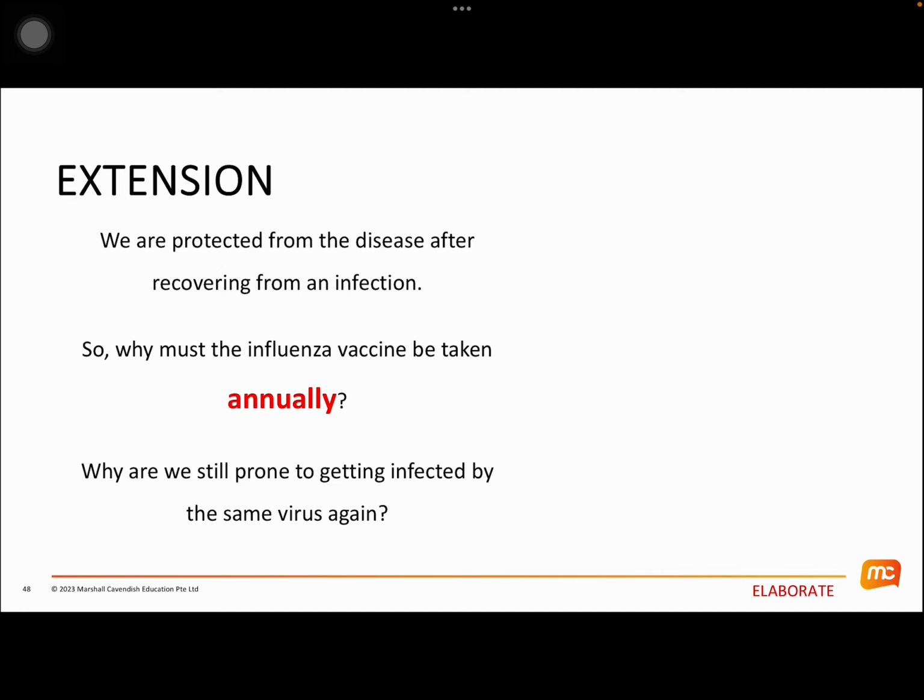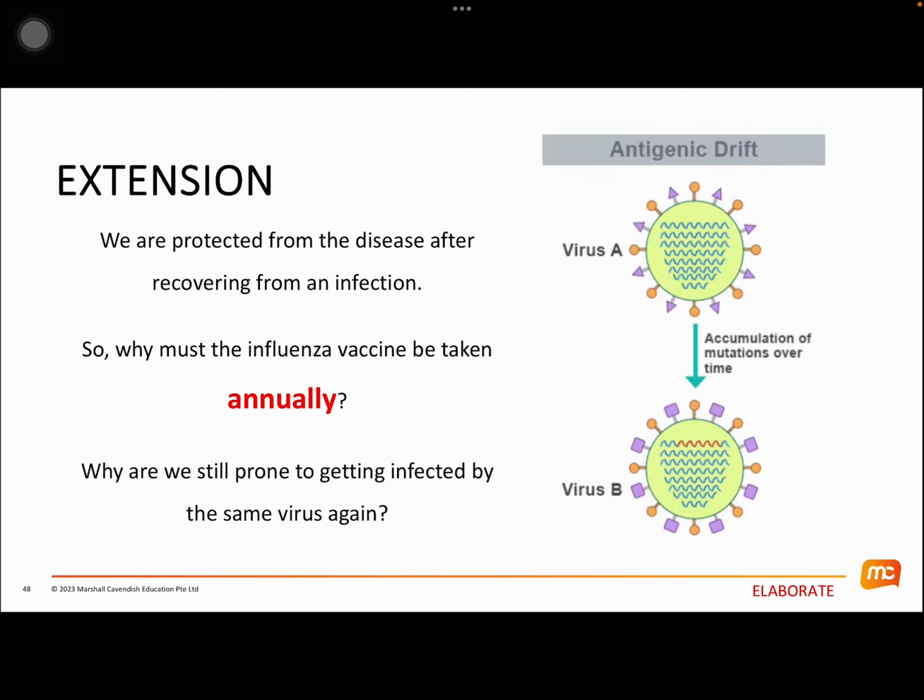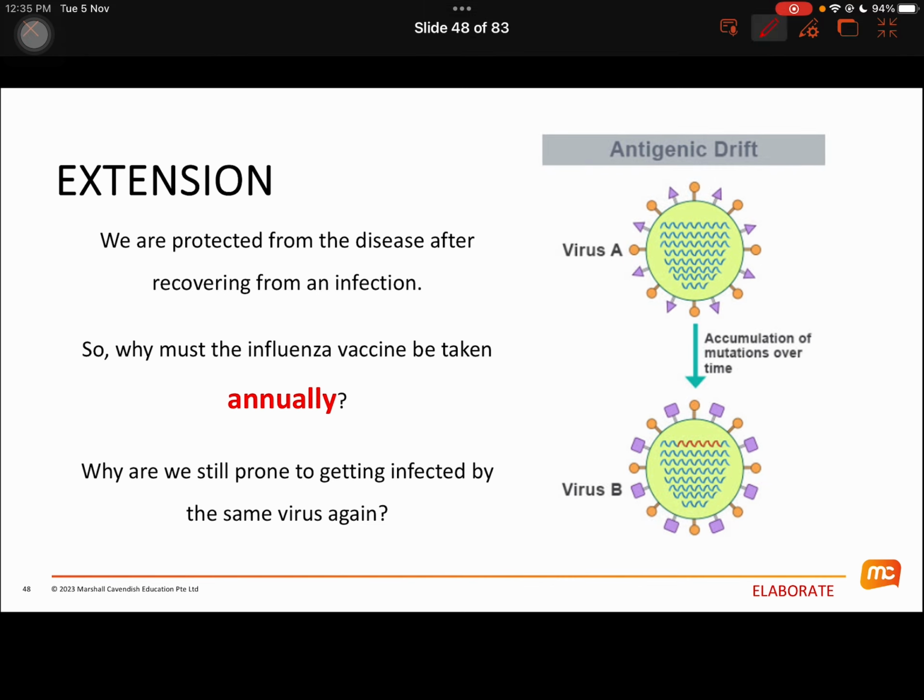Why must some vaccines be taken regularly, just like influenza? Why can't we just take it once and that's it? Our body has the memory to protect us from future influenza attacks, but like what I mentioned, this is because of genetic mutation. When the genetic material in the virus or bacteria changes, it also causes a change in the antigen. You can see the surface protein looks different.